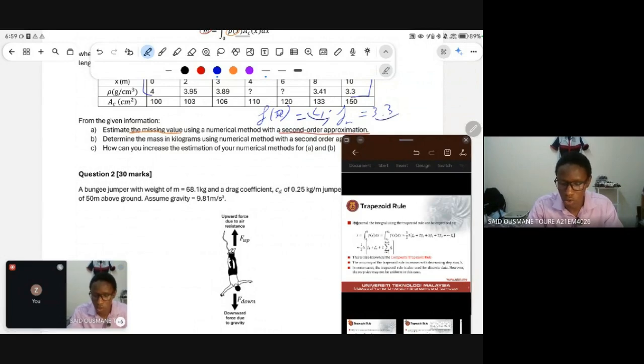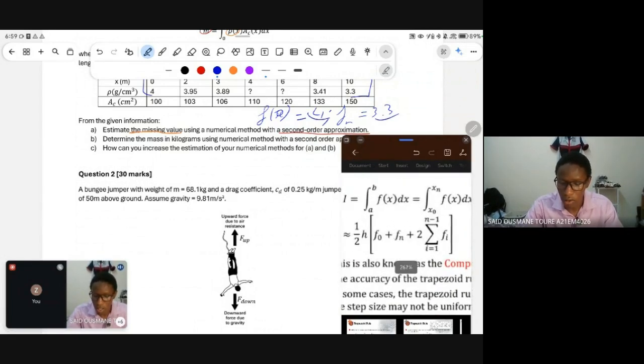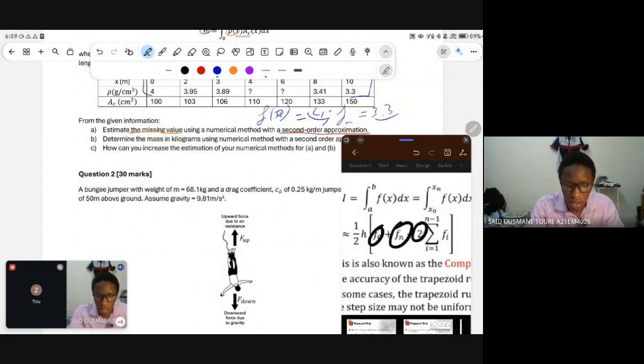F of n equals 3.3. So here, 4 plus 3.3 plus 2 times 3.95 plus 3.989 plus 3 point whatever here, plus 3.41 plus 3.10. This is the trapezoid rule, very direct.